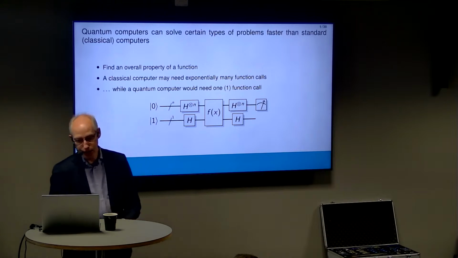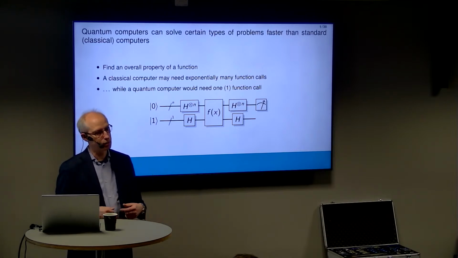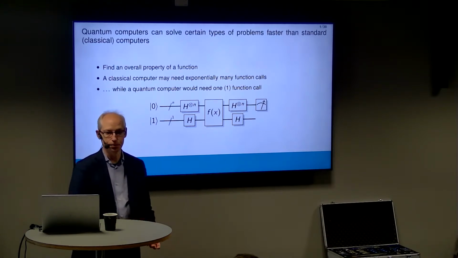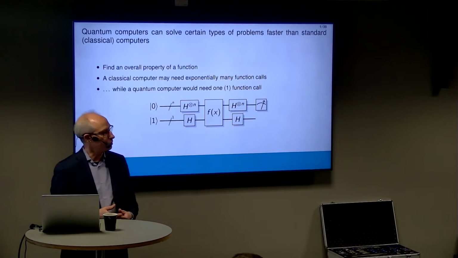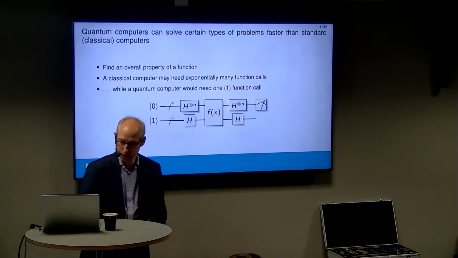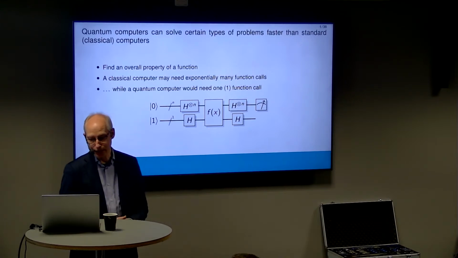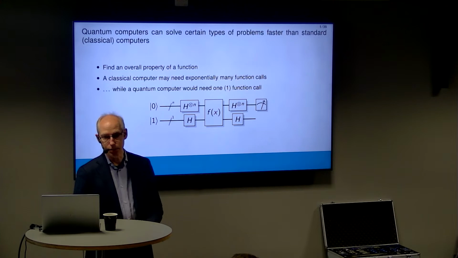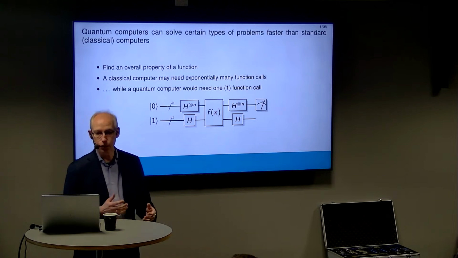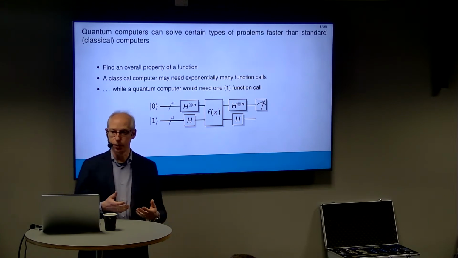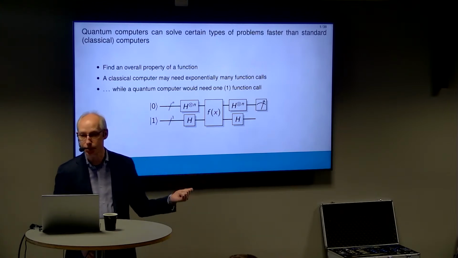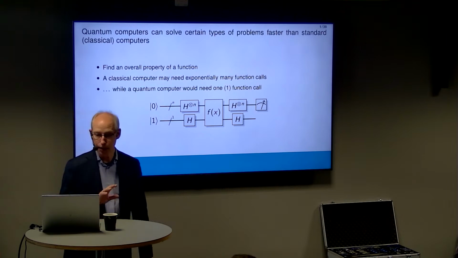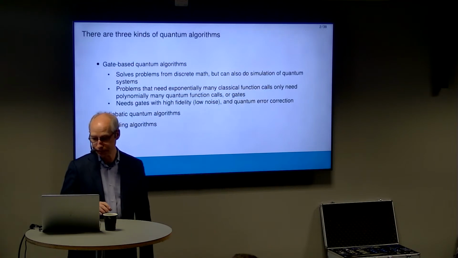And to do that in a classical machine, you might need to do very many function calls to the function to sort of derive the overall property that you're after. A quantum computer might need just one function call to do this. So you extract the information from the function much faster than you can extract it from a classical machine. And I'll explain more what's going on here.